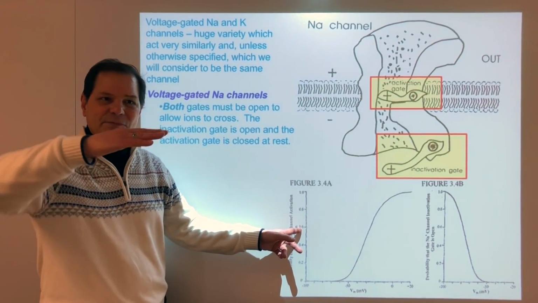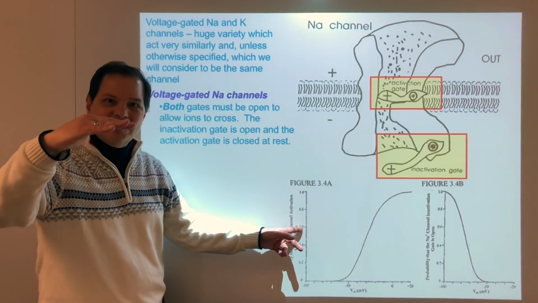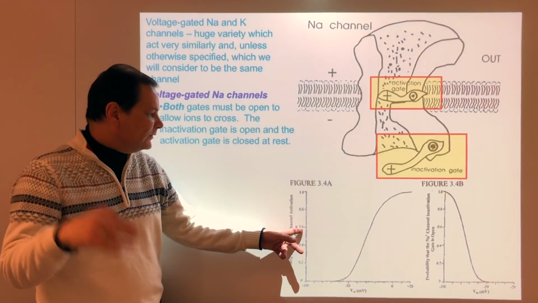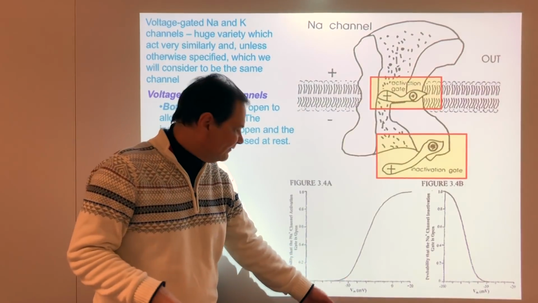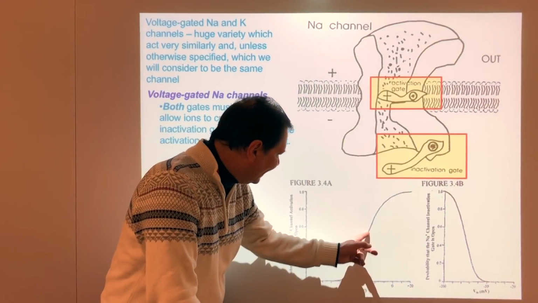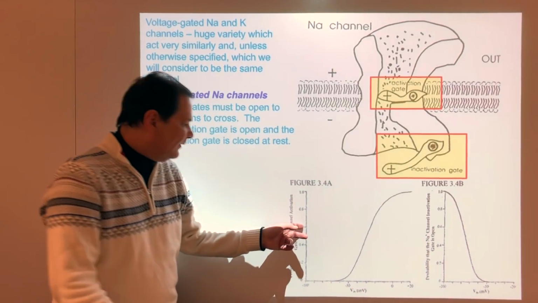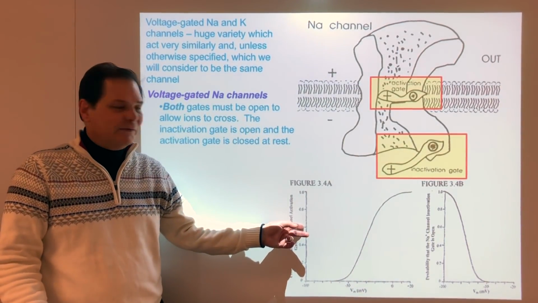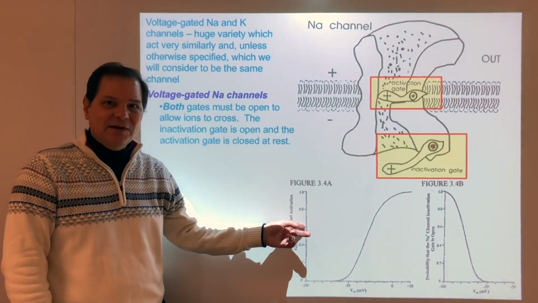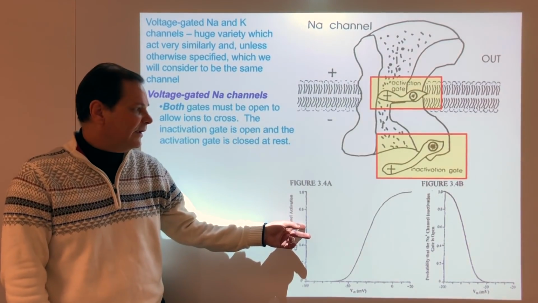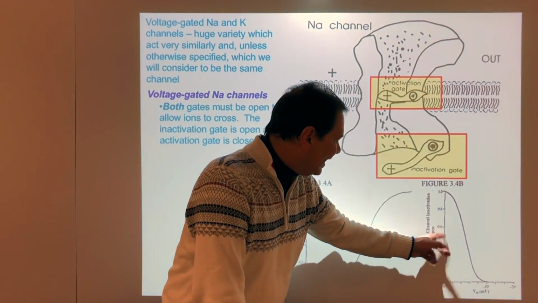It's on average. If you take the membrane, you put it at that voltage, you hold it there, and you look at the state of the activation gate, let's say at -30 millivolts, then 60 out of every 100 will have an open activation gate, 40 out of every 100 will have a closed activation gate. The same thing with the inactivation gate.